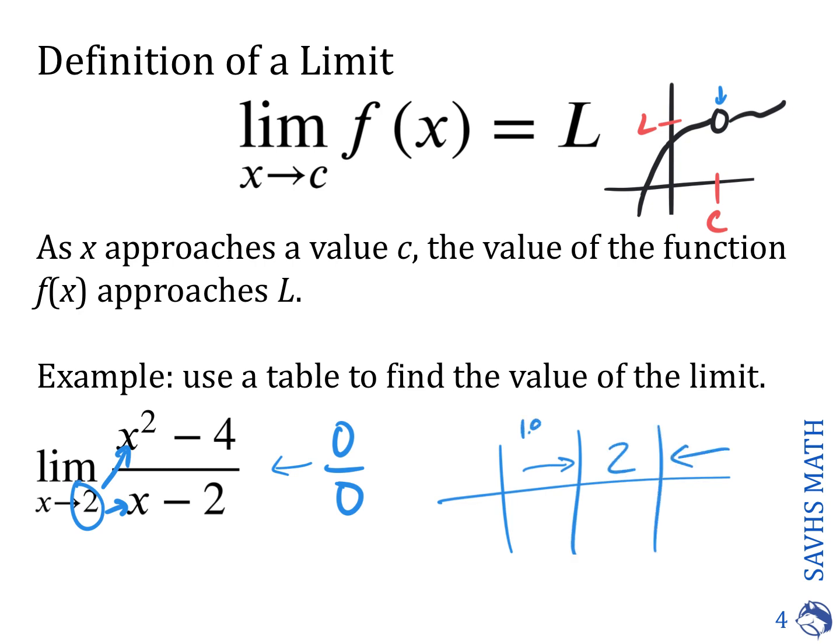So like 1.99 over here and then 2.01 all give me values that are very close to 4, even though this is undefined. So we say that the limit as x approaches 2 of this is 4. So we talked about that yesterday.